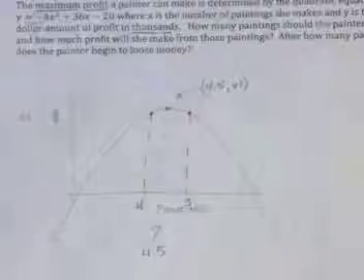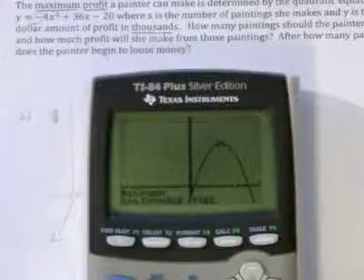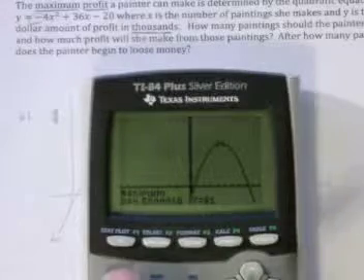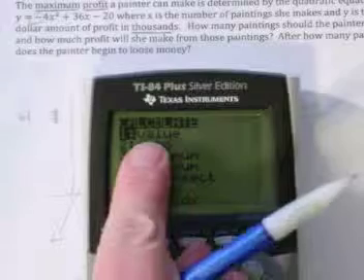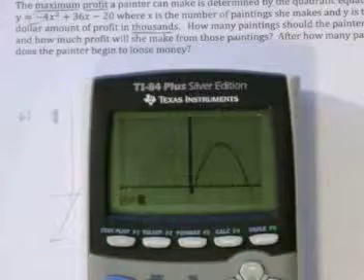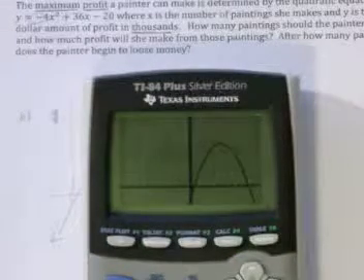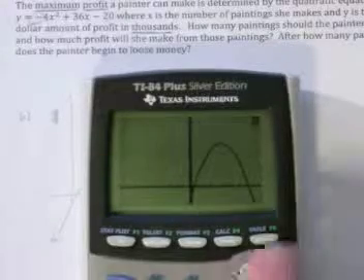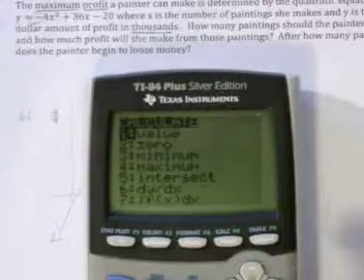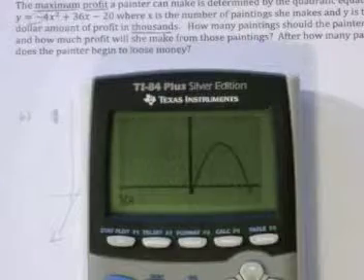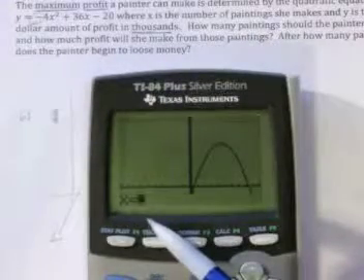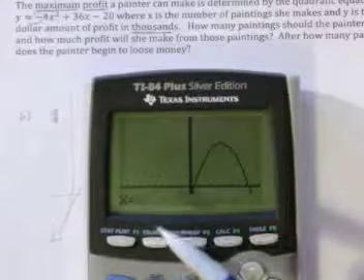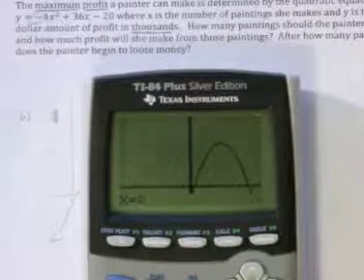So again, I'm going to use my calculator to find those values. In this case, I'm going to find a value. Again, I use the second calc button, and I want to calculate a value this time, so I use option 1. Notice it's sitting and waiting for me to supply it with an x value. If I give it an x value, it will tell me what the y value is.